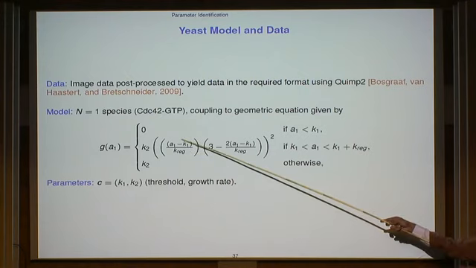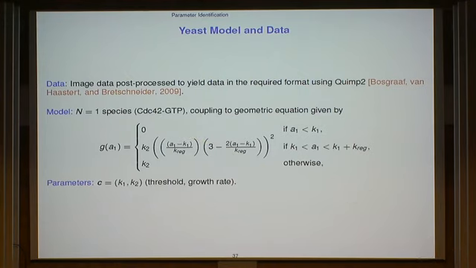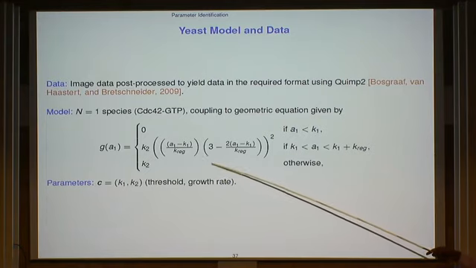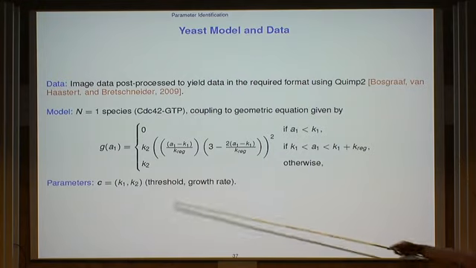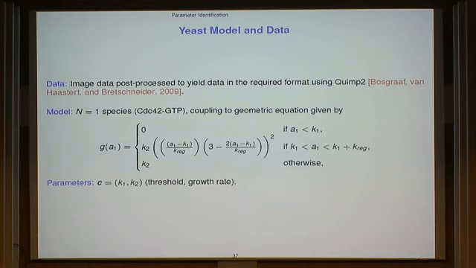So you have no growth if the CDC42 intensity is below a certain level. If it's above a certain level, you grow with a maximal rate. And Kreg is a small regularization parameter that smooths out this threshold function. So the parameters we want to identify are the threshold, K1, at which growth starts, and the maximal growth rate, K2. So we have two parameters to identify.